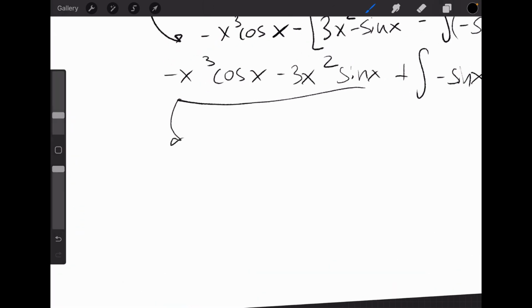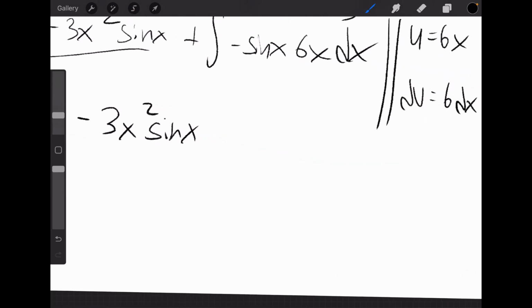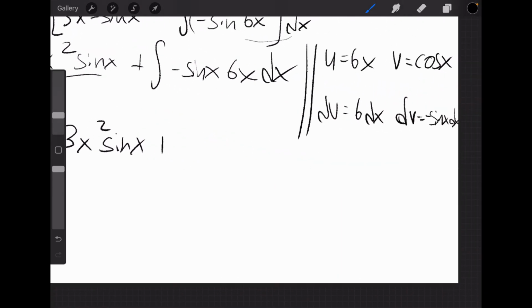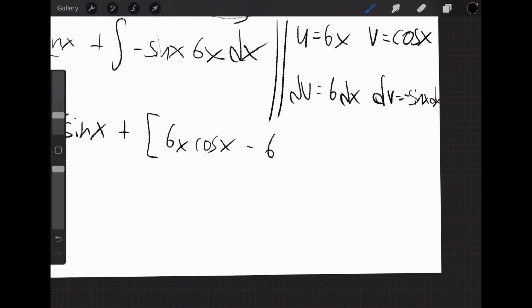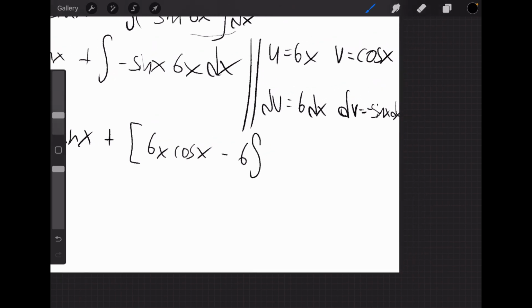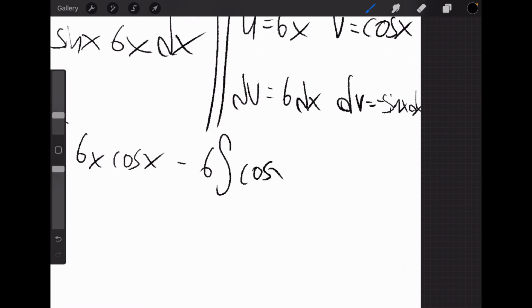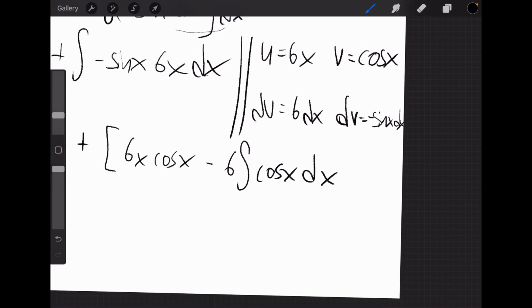So we have negative x cubed cosine of x minus 3x squared sine of x. And then finally we have plus, and we're going to do this part. So 6x cosine x, uv, minus 6 times the integral of cosine x dx.